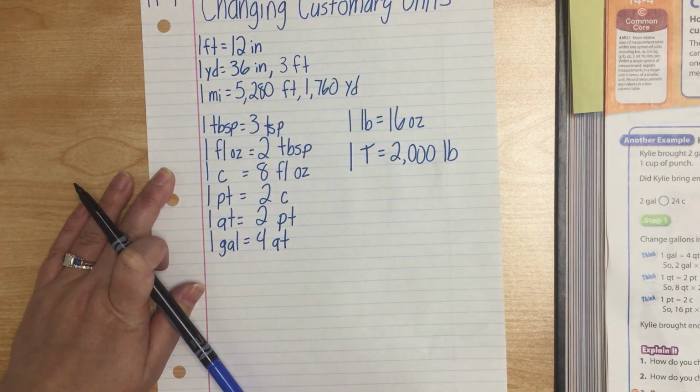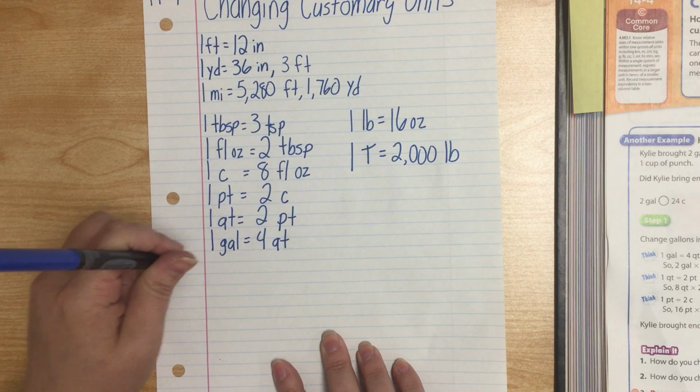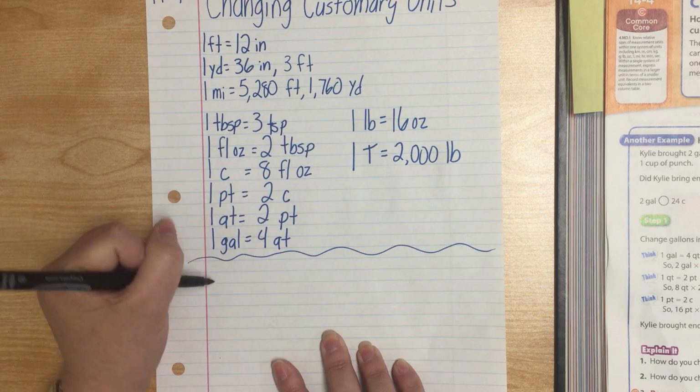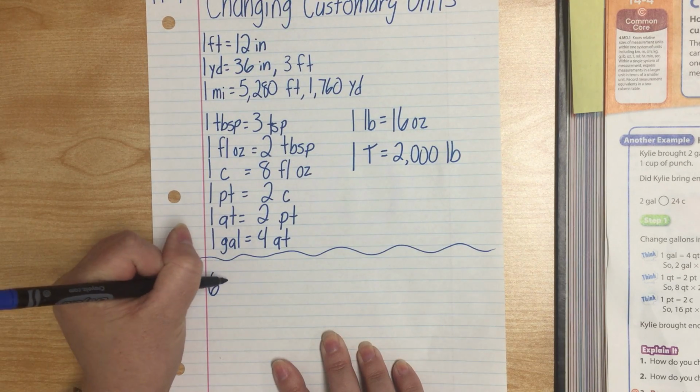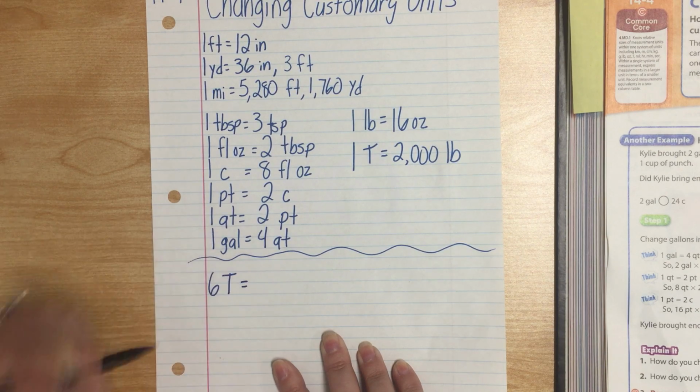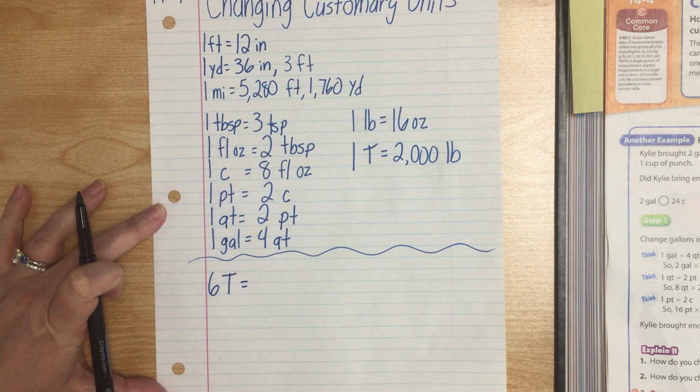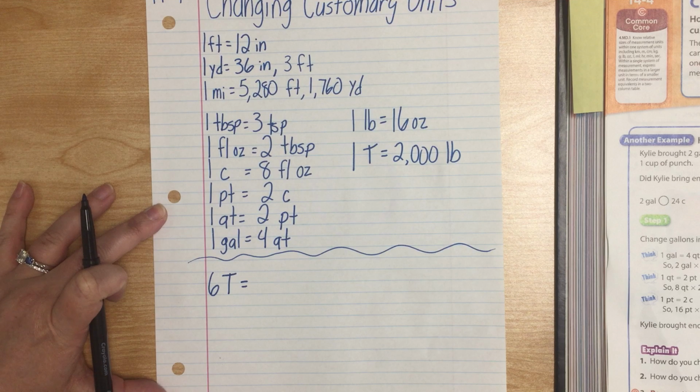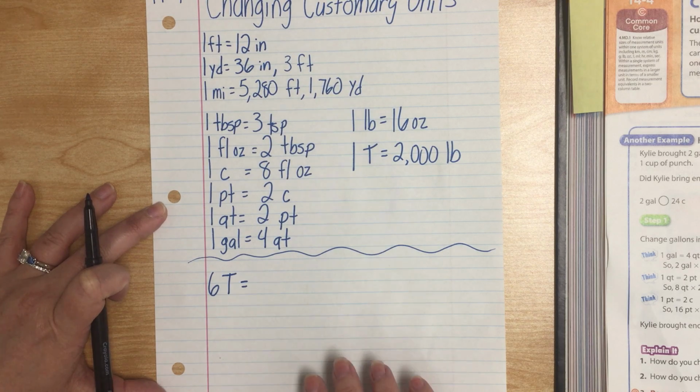So for number 1, it wants you to convert 6 tons into pounds. If I'm going to put 6 tons into pounds, what should I do? Multiply, divide.